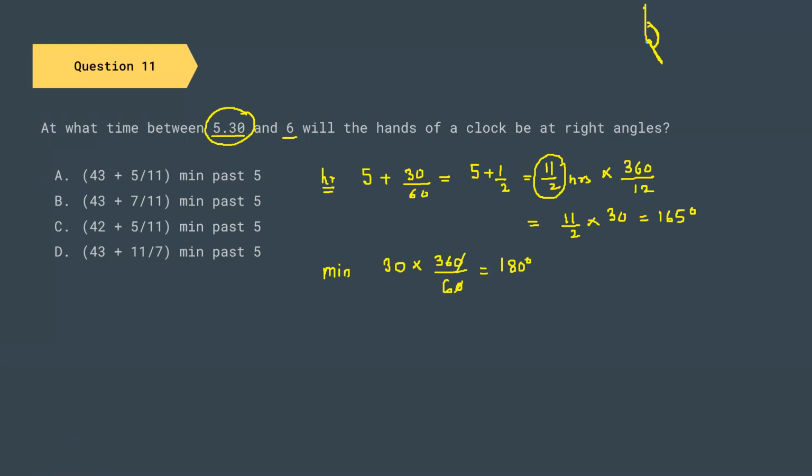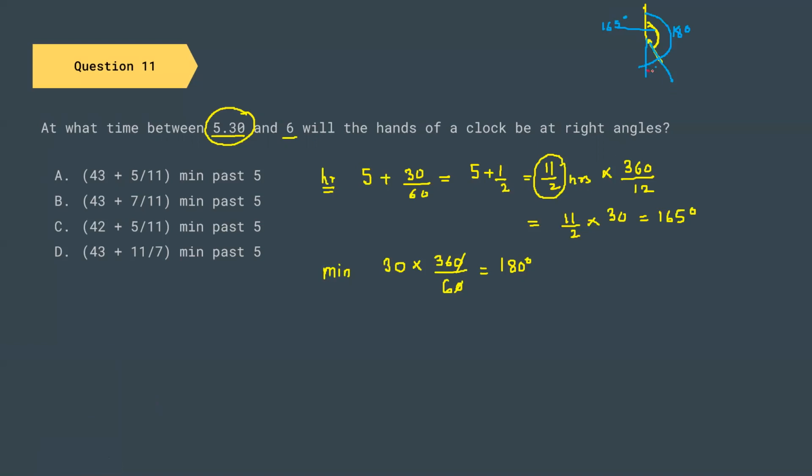That means your minute hand is somewhere around here, the angle is 180 degrees, and this angle is 165 degrees, and we have to find this angle.